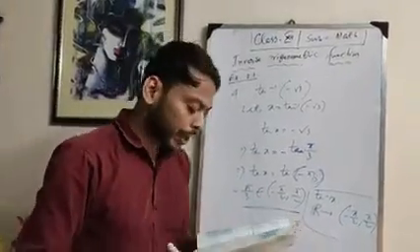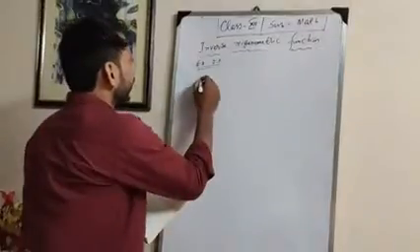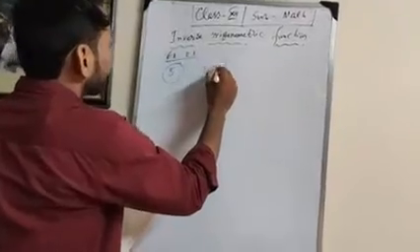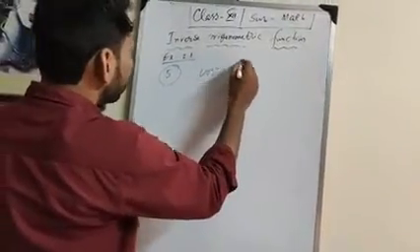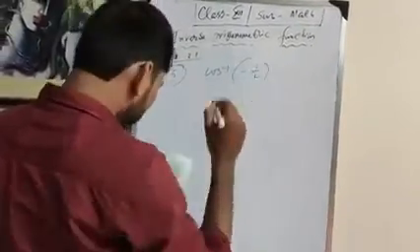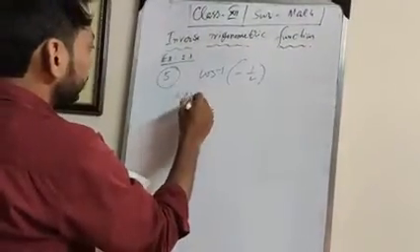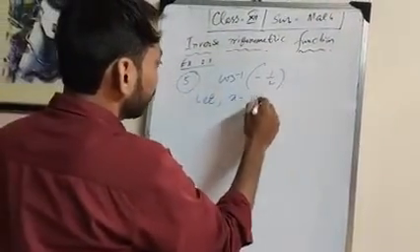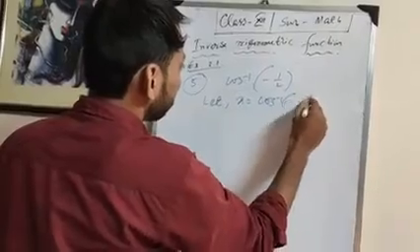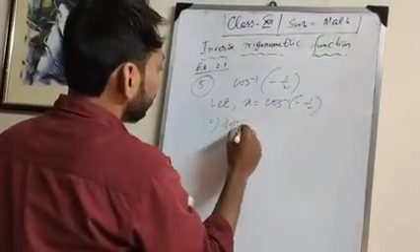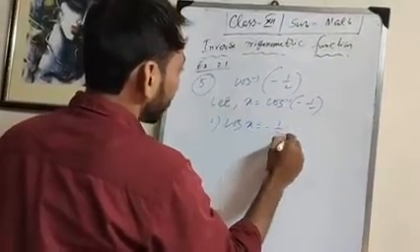Now go to question number 5. This is cos inverse minus half. Let x equals cos inverse minus half. That means cos x equals minus half.